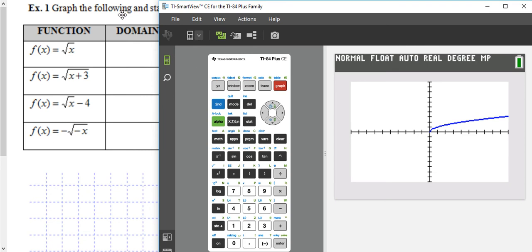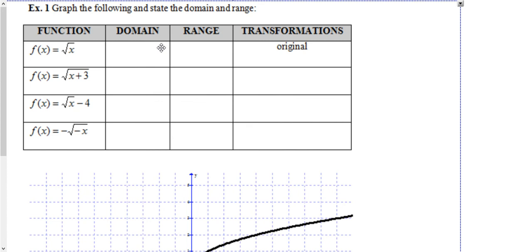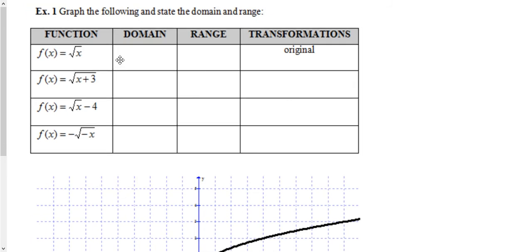So going back to my domain and range here, the way that I'm going to write this is I can either use interval notation or set notation. Both would work. In this case here, I'm just going to write everything in terms of interval notation as there's less chance to error out. So as mentioned, our domain was from 0 going off to infinity.